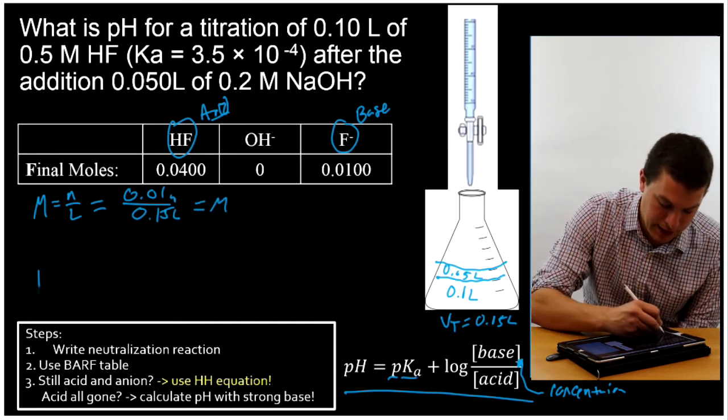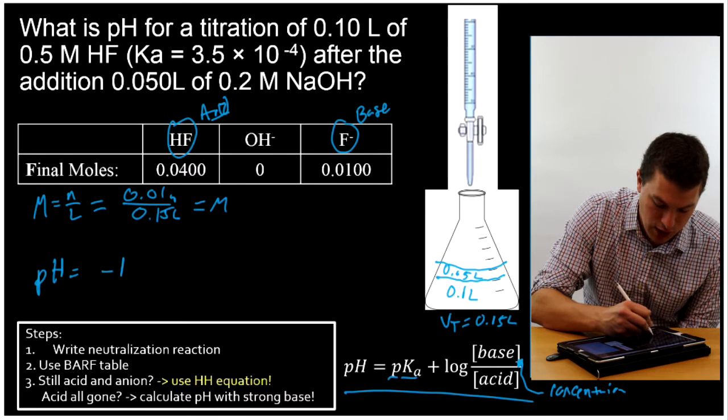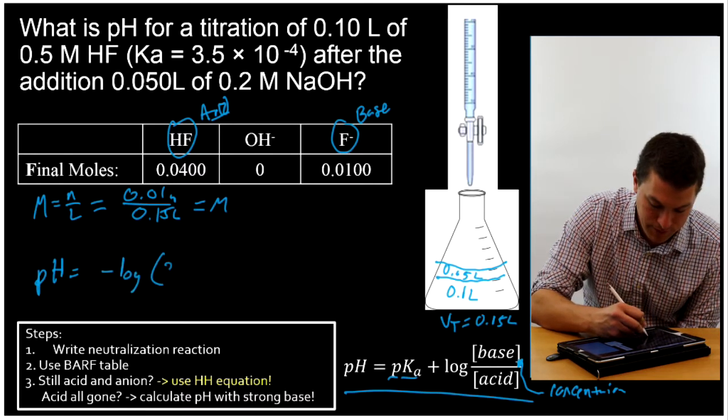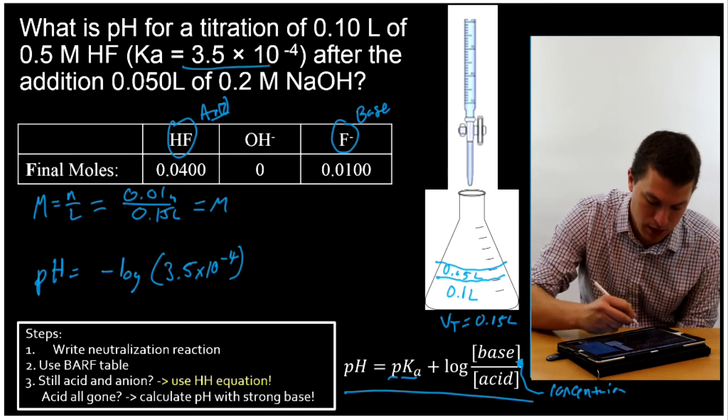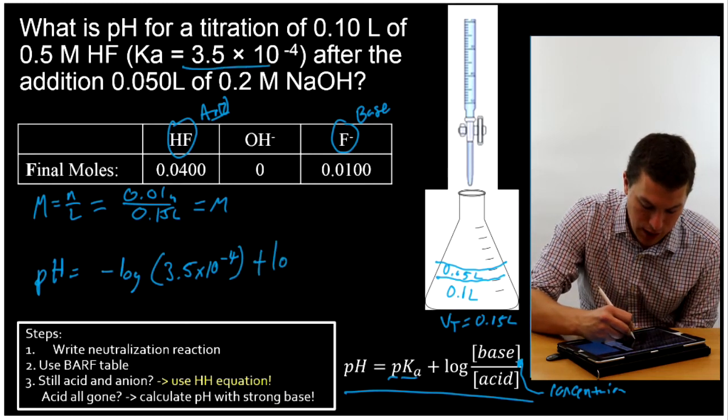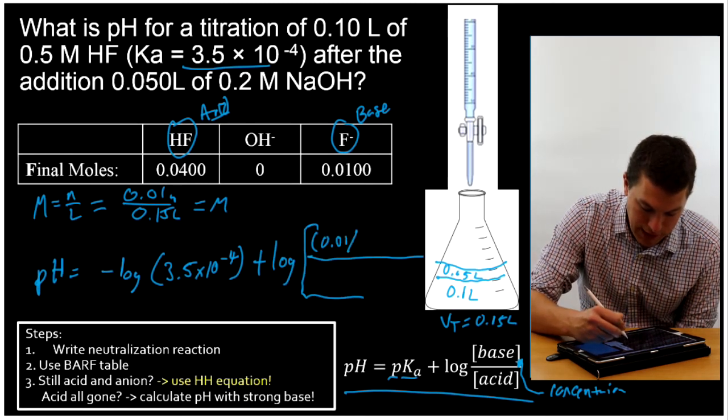So let's go ahead and calculate the pH. pH is equal to negative log of my Ka, that's what pKa means. That's my Ka, which I got from the problem up there, plus log, up top we'll put the concentration of my base, 0.01 divided by 0.15.